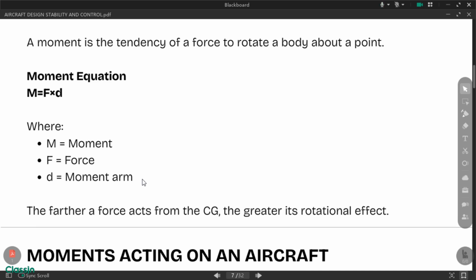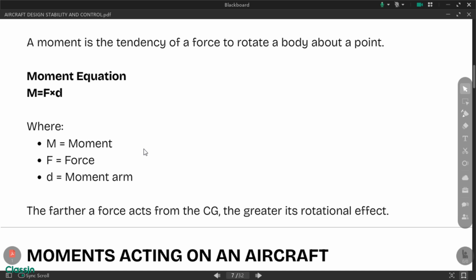Notice that even a small force can generate a large amount of moment, especially if that force acts far from the center of gravity. Okay, so this principle explains why yung tail surfaces natin, they can generate powerful stabilizing effects, even though yung force they produce are relatively small because of the arm, yung moment natin is strong.